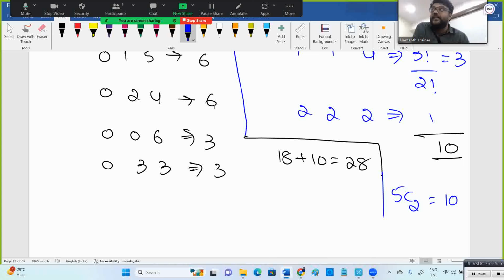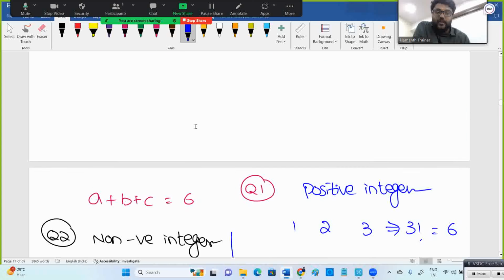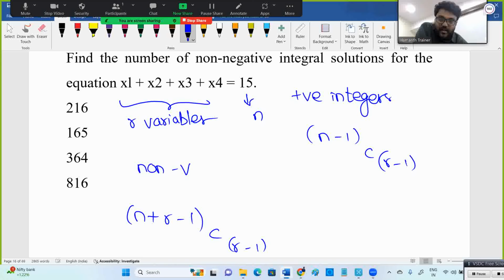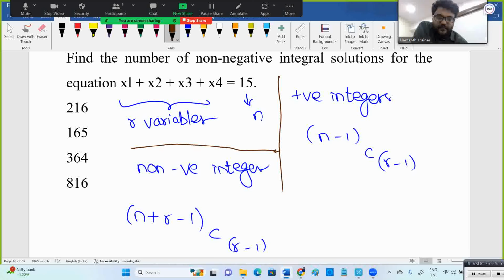Whereas, listen, if it is for non-negative, n plus r minus 1 C r minus 1. This is n plus r minus 1 C r minus 1, for non-negative integers. You can check here.